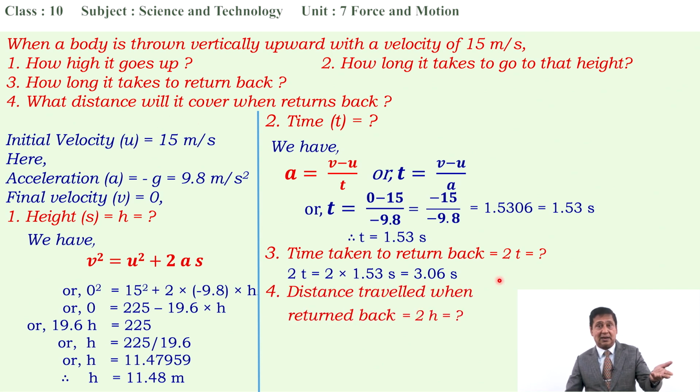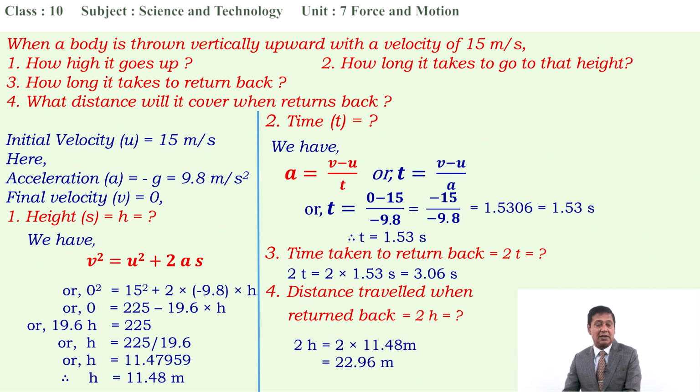Total distance. How high it goes up, the same distance it will cover to come back to the initial position. That's why this is equal to 2 into height, and 2 into height is 22.96. This way we can solve this numerical problem.